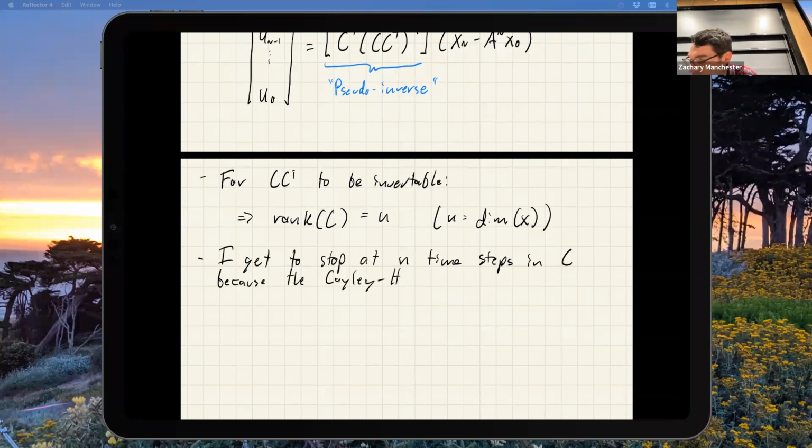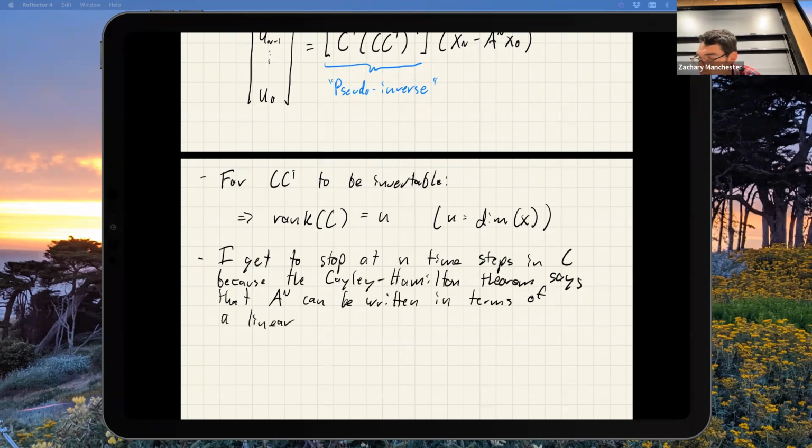Because this Cayley-Hamilton thing says that A to any power, so A to the n, can be written as a linear combination of lower powers.